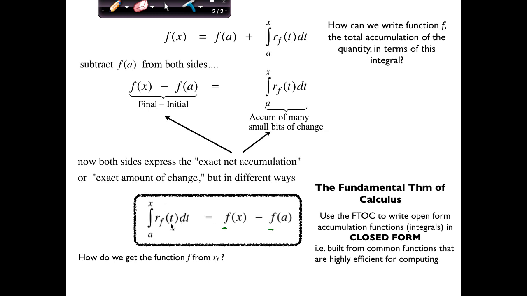So if I had the rate of change, I'm looking to find the antiderivative. I'm trying to find the antiderivative of my rate function, because that function's derivative is what I'm given. So this is a means of finding an antiderivative.